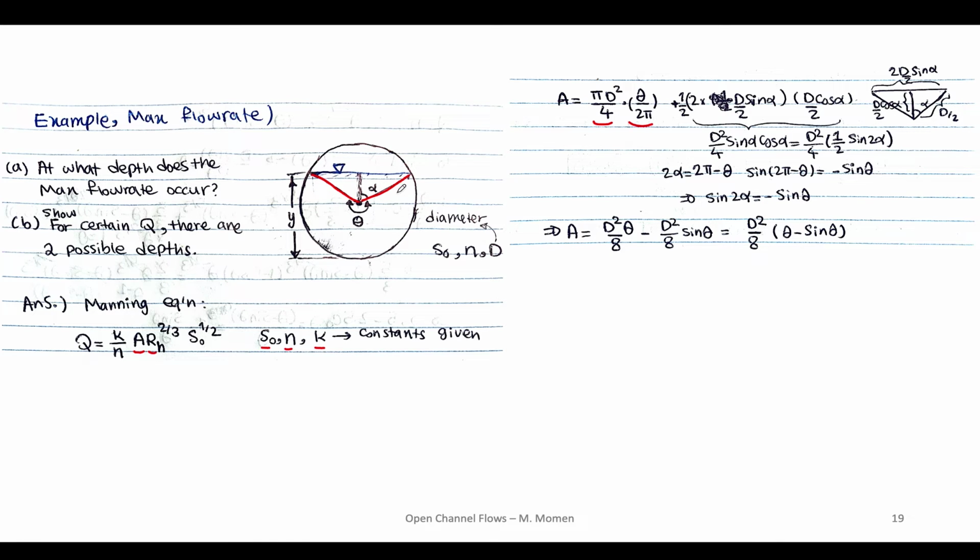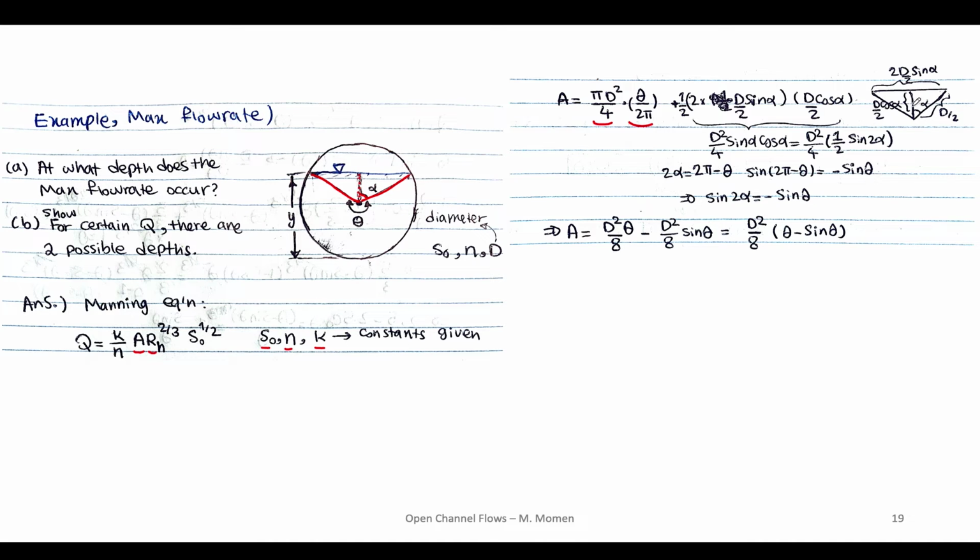And then we have to add to that the area of this triangle here. So I show the triangle here, and the way we are going to do that is through this. I define this alpha angle here, this small angle, and I first calculate the area based on this alpha.